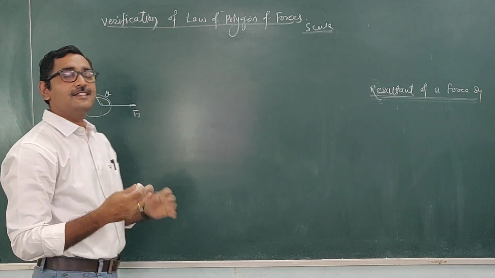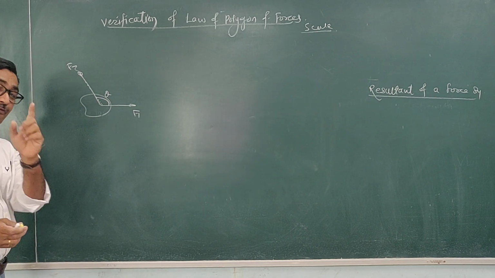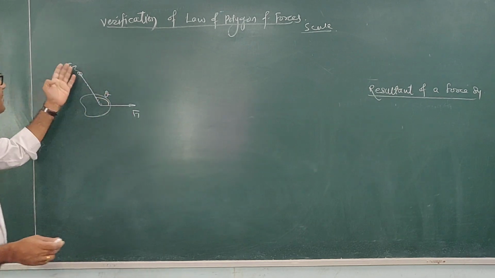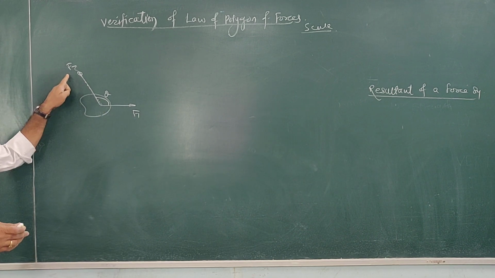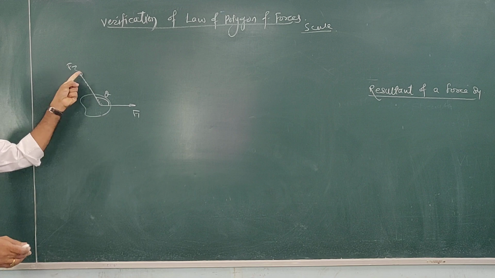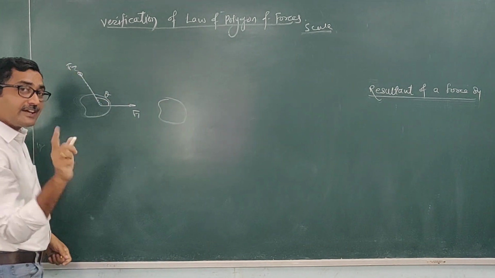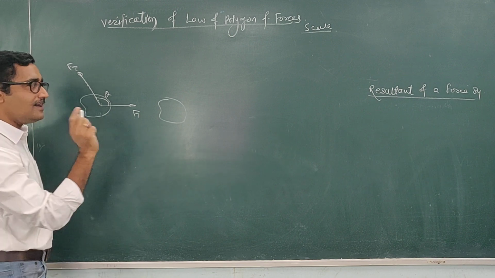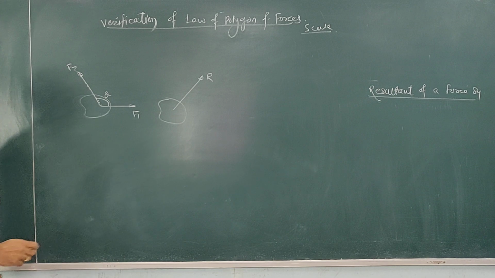Resultant is a single equivalent force of the given force system which produces the same effect as the number of forces producing on the body. There are two forces F1 and F2. Whatever effect these two forces produce on the body, if we create the same effect by using a single force, then that single force is known as their resultant.